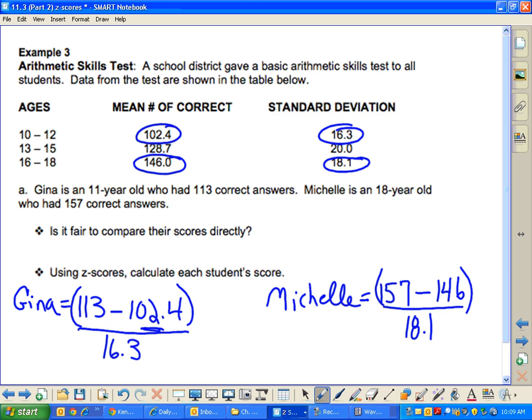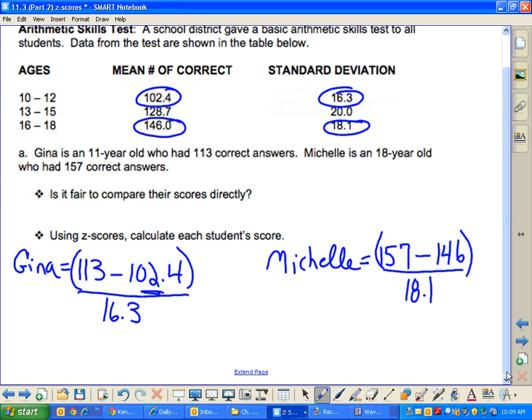You will get the wrong answer that way. So please make sure you actually find the difference in your numerator first, and then divide by 16.3. So you're calculating your z-scores right now for each lady. And then we're going to talk about those, of course.